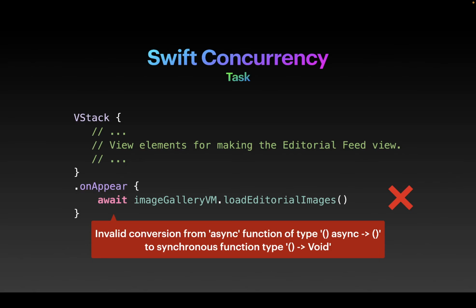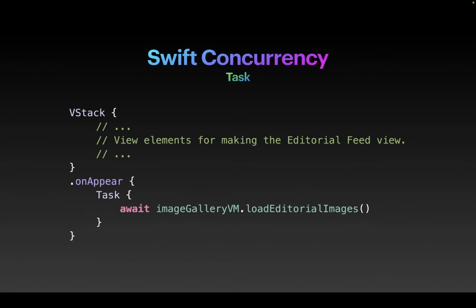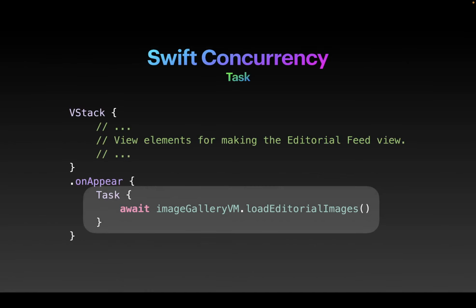In this case, we can use the concept of task. Now let's take a look at this new thing. We can manually and explicitly create the concurrent context by using Task. It takes a closure, and inside this closure it supports the full concurrency context.